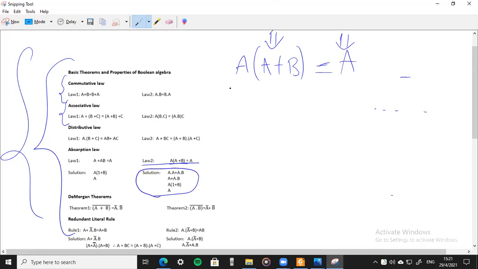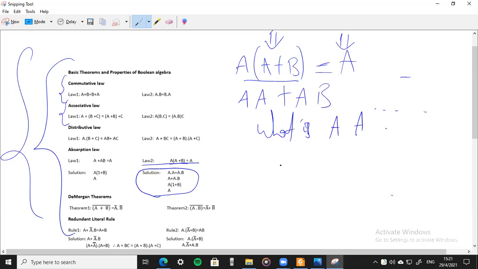So for example, A times (A plus B). This is the same as A times A plus A times B. I've just simplified what is in the bracket. This is what they are doing here. Now, what is AA?